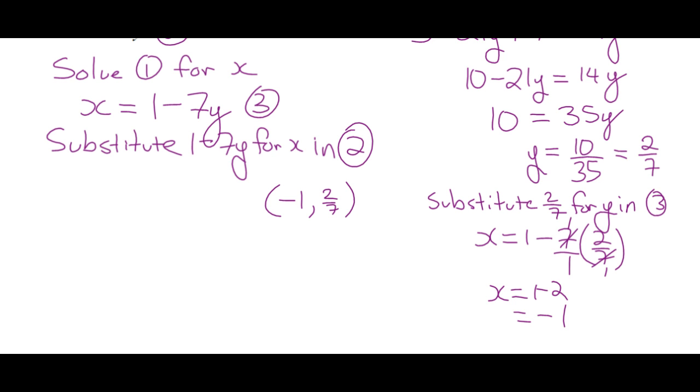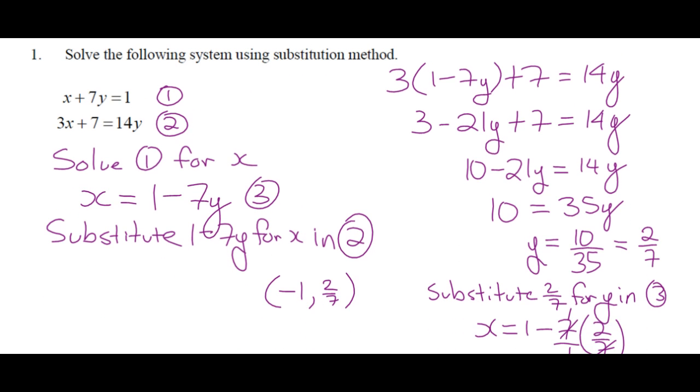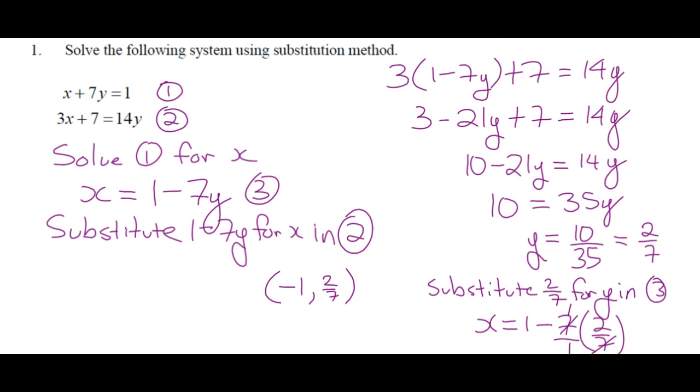That's the point that is on both of the original equations. How do I know that? Well, I'm going to check. I'm not going to do a formal check, I'm just going to stick in the numbers. So I've got negative 1 plus 7 times 2 over 7, which is negative 1 plus 2, which is 1.